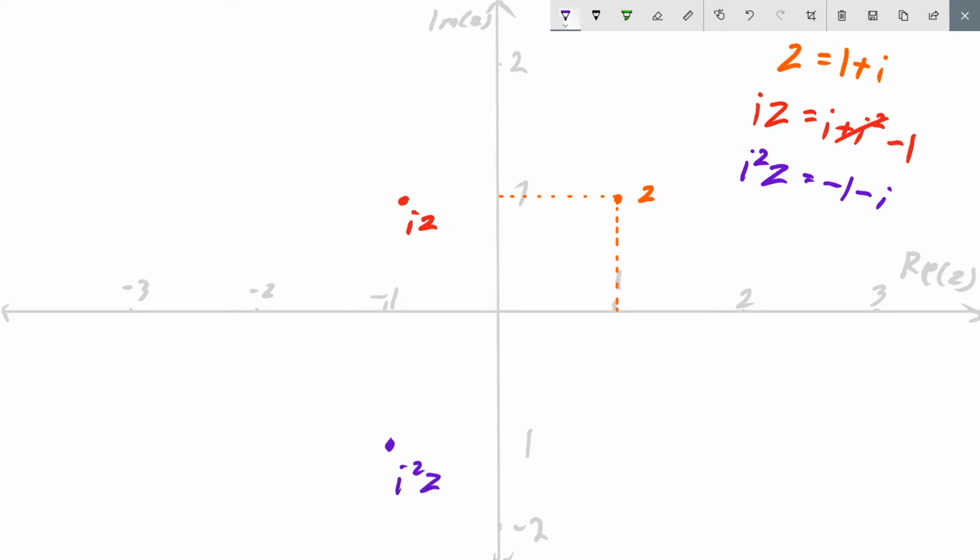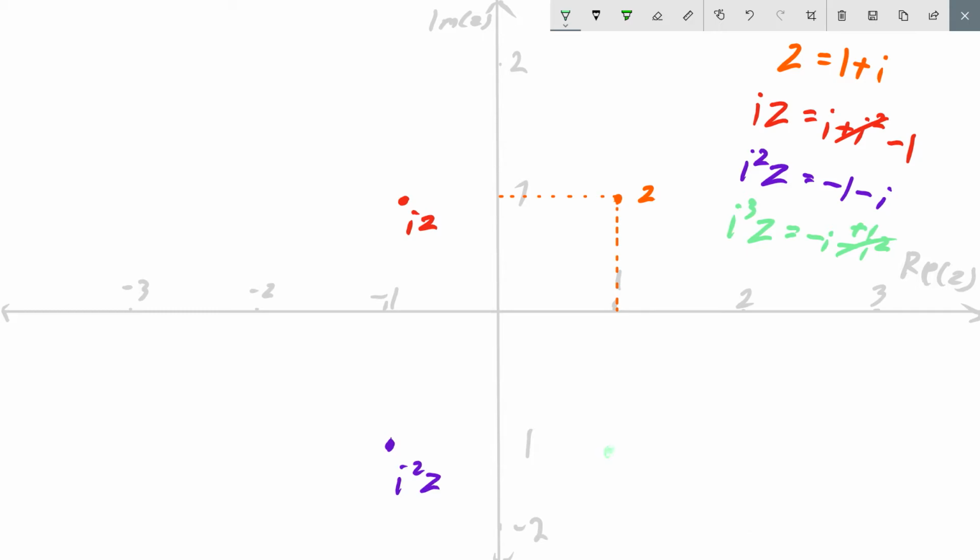And now I'm going to plot i to the power of 3 z. i to the power of 3 is just negative i. So it's going to become negative i minus i squared. It's going to become positive 1. So negative i, positive 1.